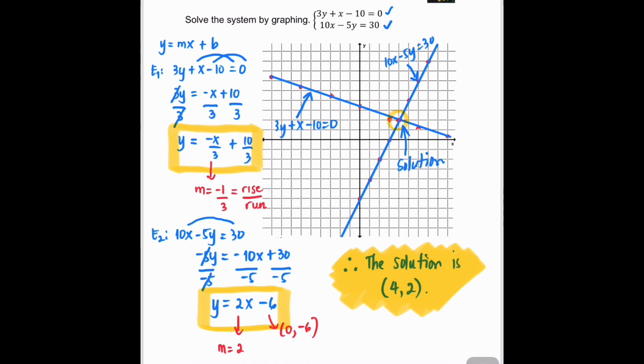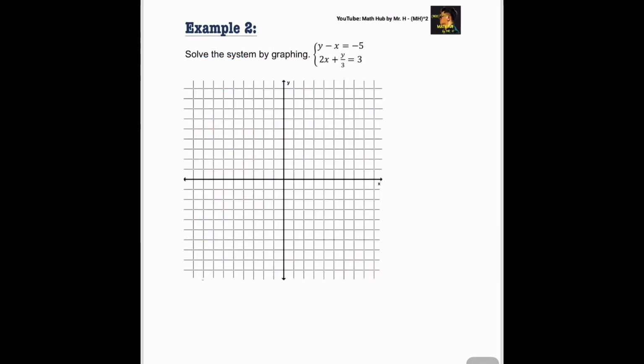Alright, let's head on to the second example. Solve the given system by graphing. So remember to first arrange the equation into slope-intercept form. Equation 1 is going to be easy though. We just move the x term to the right-hand side, which will make it become positive, and -5 must be copied, and that's it.